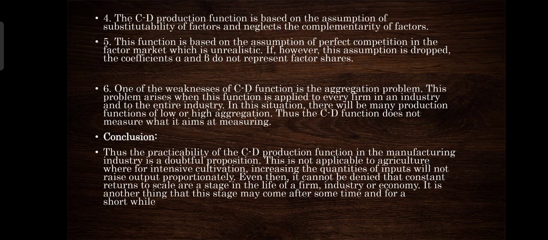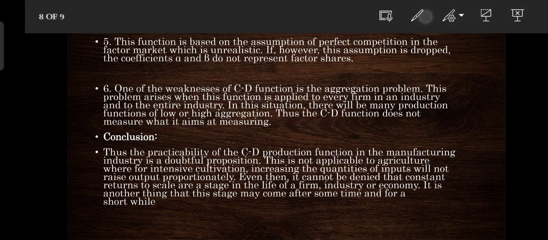In this situation, there will be many production functions of low or high aggregation. Thus, the Cobb Douglas function does not measure what it aims at measuring. So the Cobb Douglas production function will not be accurately measuring what it is aimed for.